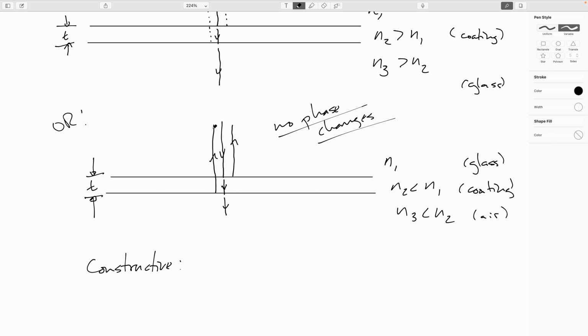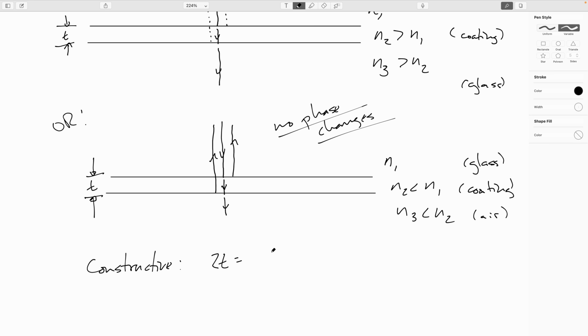Now this ray coming back here is going to interfere with the bit that reflected off of this surface here. If we're going to have this color reflect back brightly and have constructive interference, I need this total round trip distance, so 2t, because the thickness is t, but the round trip is 2t, I need this to be some integer number of wavelengths in this medium here.